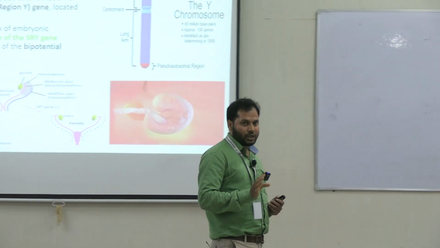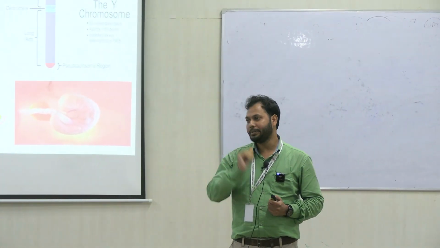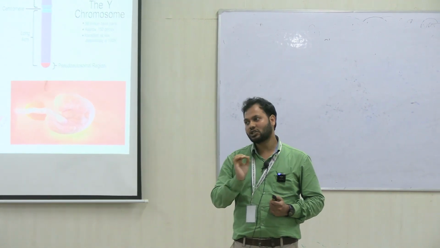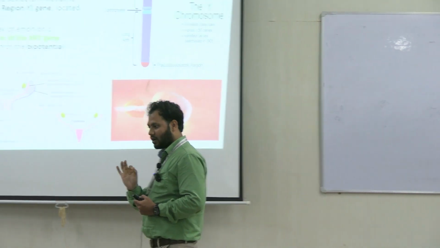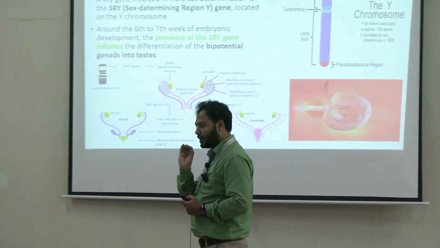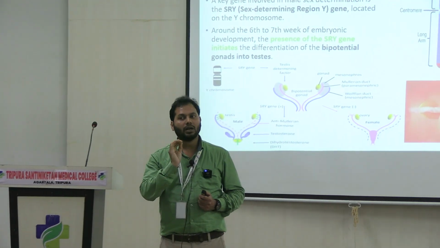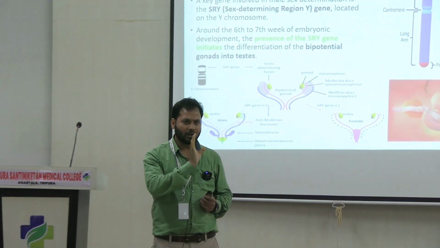And that SRY gene is basically located only on the Y chromosome, right? It is totally absent in the X chromosome. And the determination of sex of an individual fully depends on the presence of the SRY gene. It depends on the Y chromosome only.